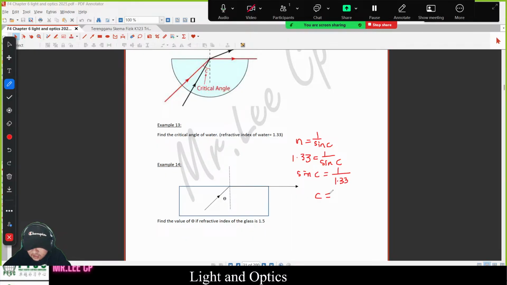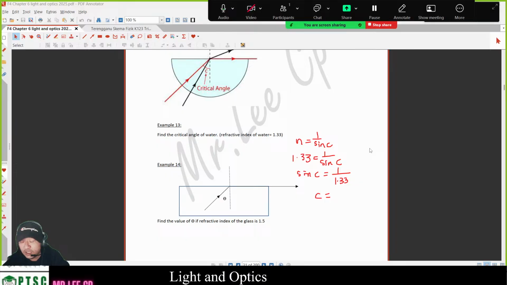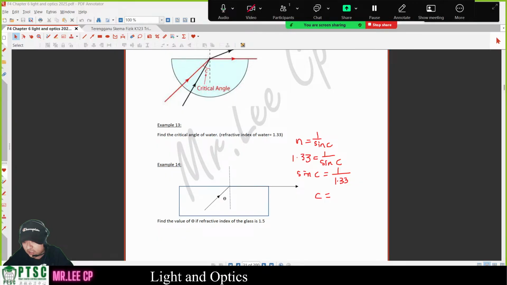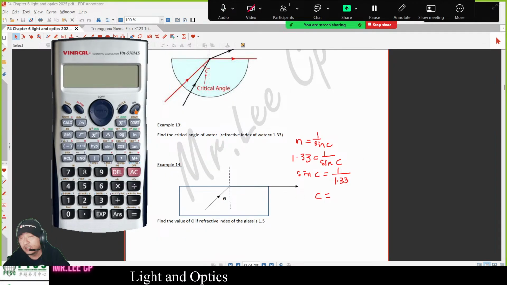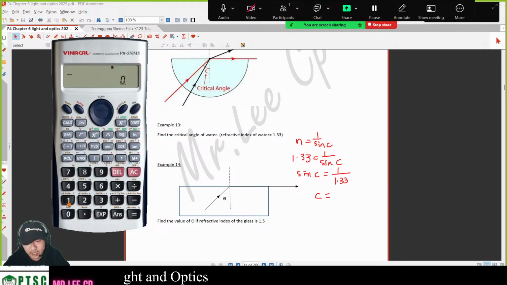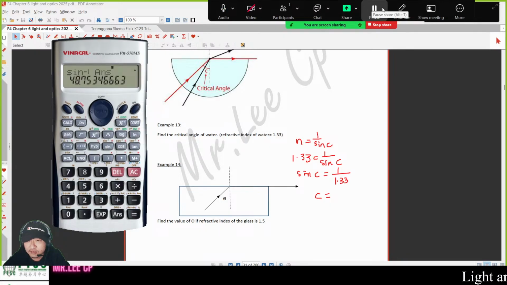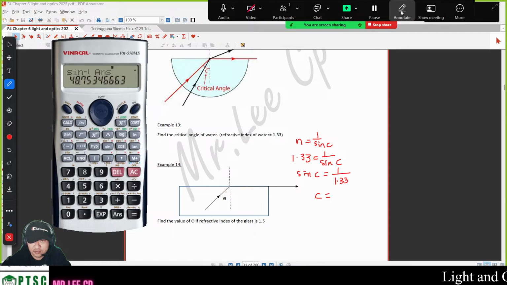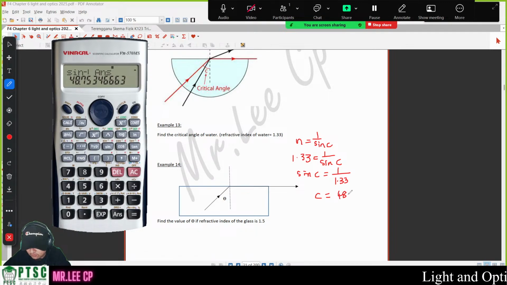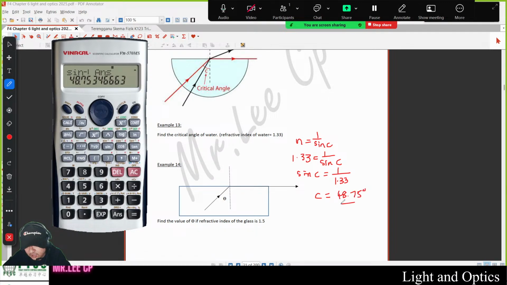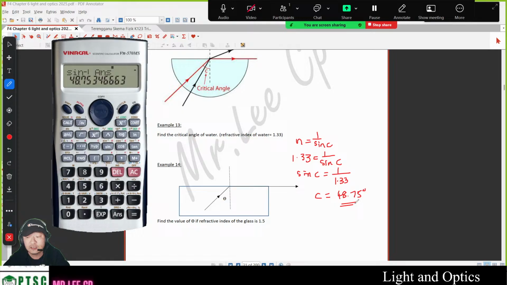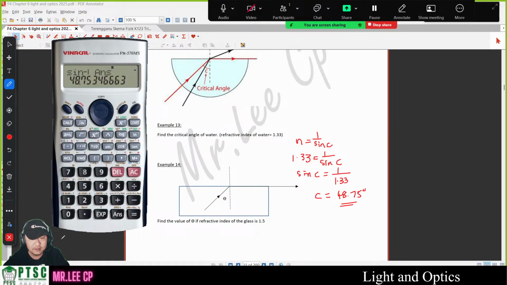Normally for water, it is about 42. 1 divided by 1.33, equals, shift sine, equals. So you get 48.75 degrees. This is your critical angle.